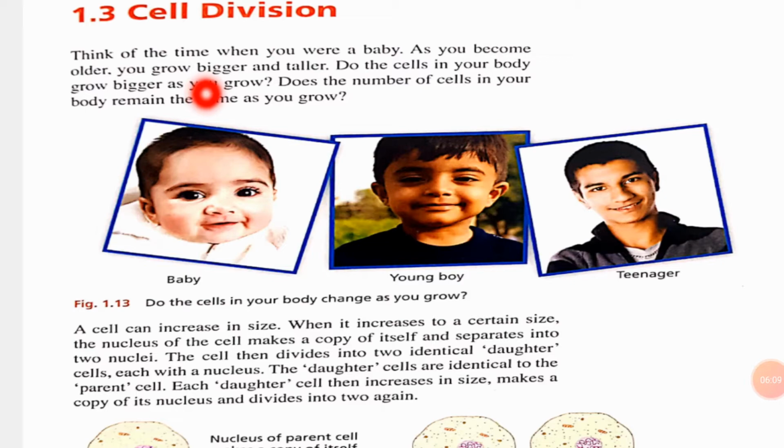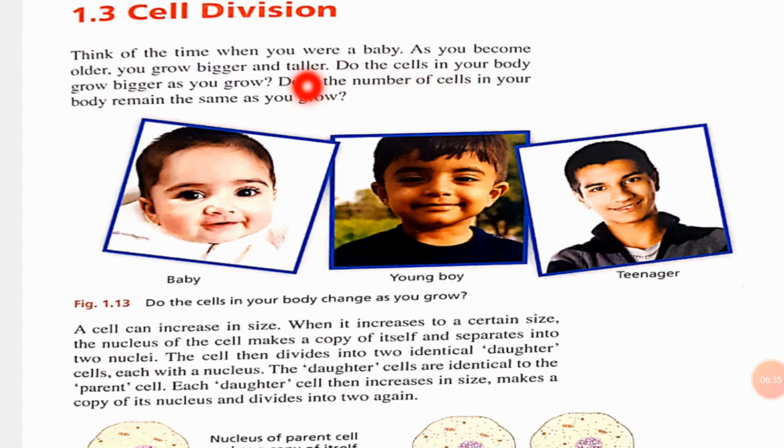Why do we grow bigger and taller? We are growing bigger and taller in the same way as our cells are dividing in our body. When this division of cells stops, then we cannot grow bigger and taller further.